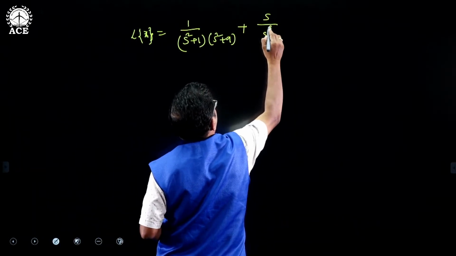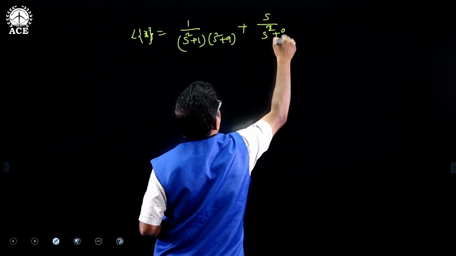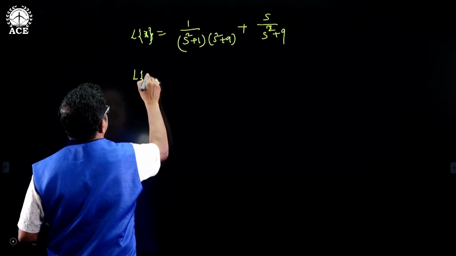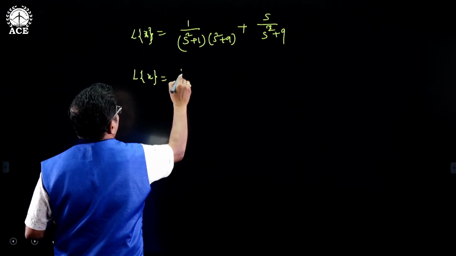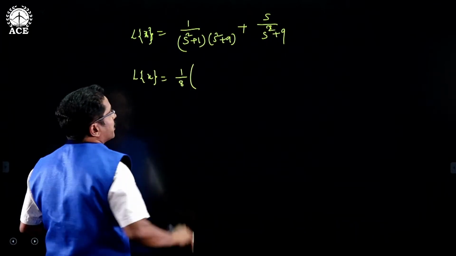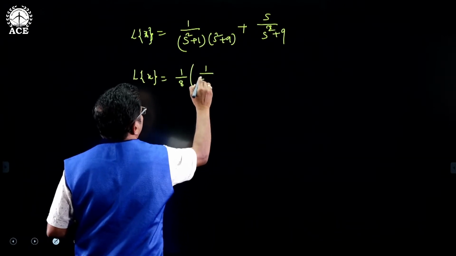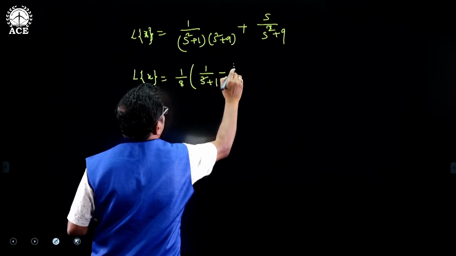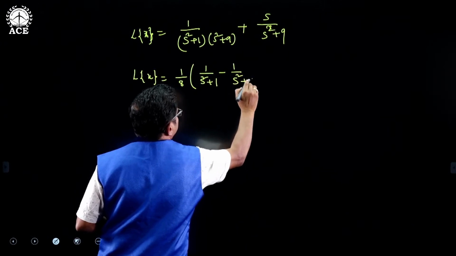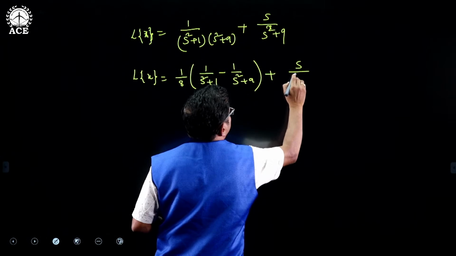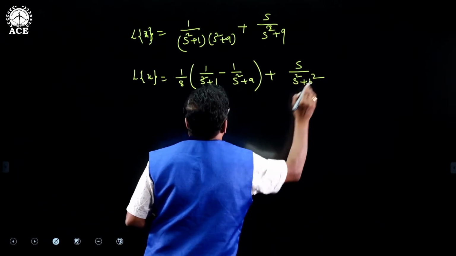S by s square plus 9. Then L of x, you apply partial fractions, you will get 1 by 8, because whose difference is 8. So 1 by s square plus 1 minus 1 by s square plus 9, on partial fractions; s square plus 9 means s square plus 3 square.